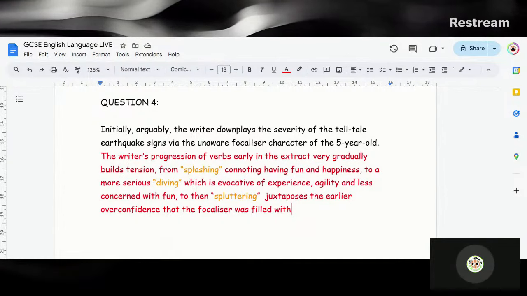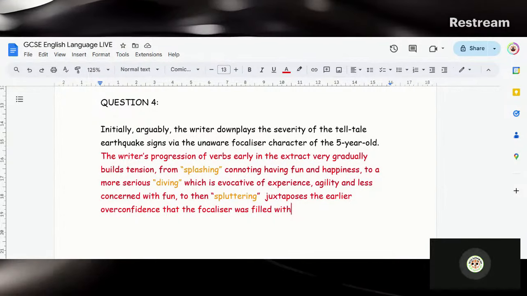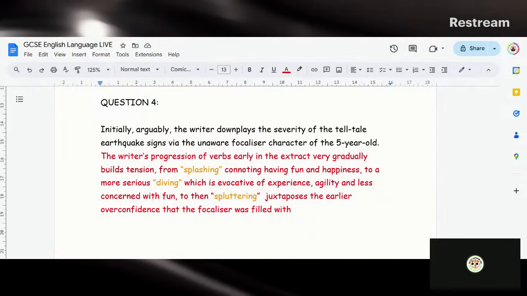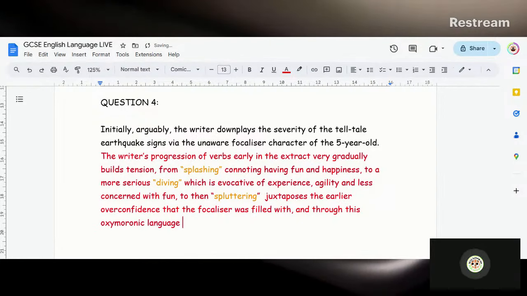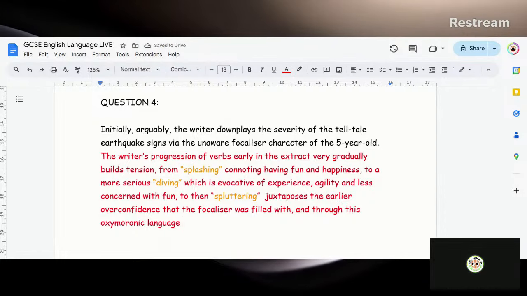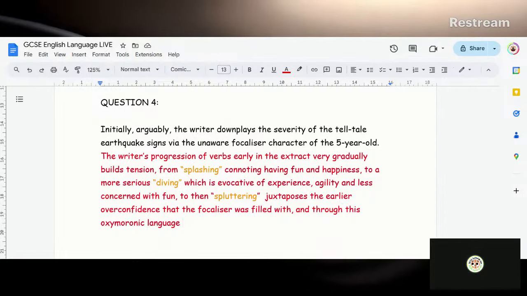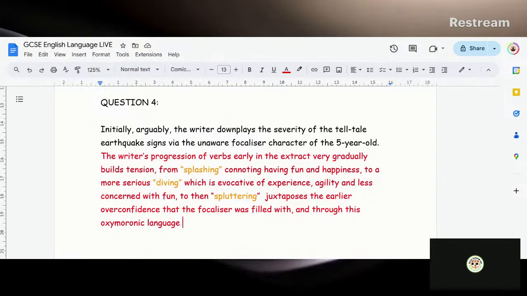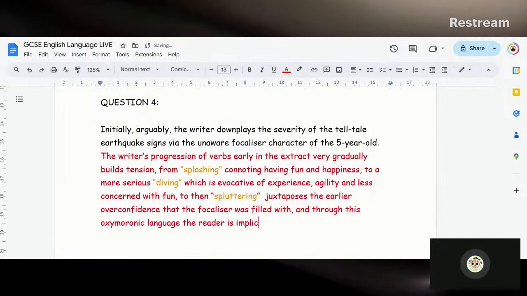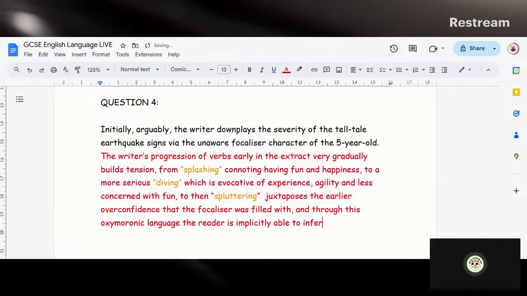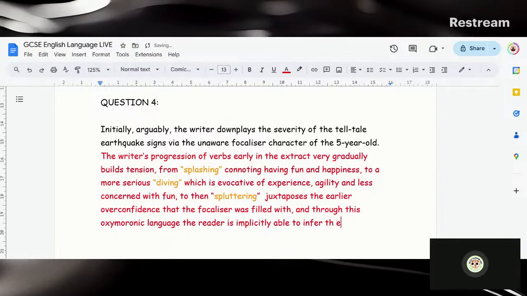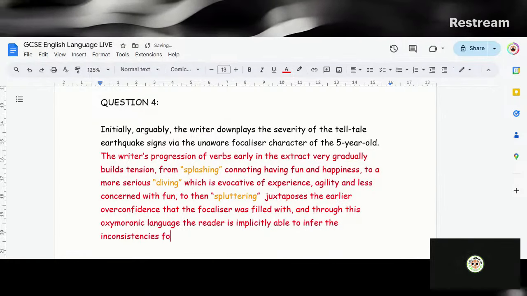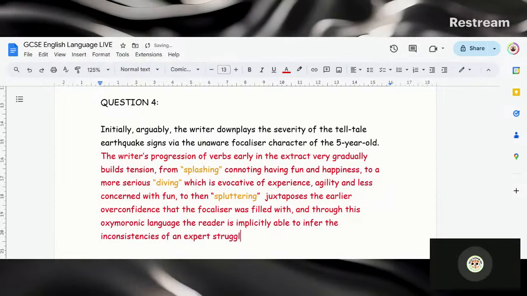So it juxtaposes the earlier confidence that the focalizer was filled with when nothing had ever gone wrong, and through this oxymoronic language, the reader is implicitly able to infer the inconsistencies of an expert struggling to swim.